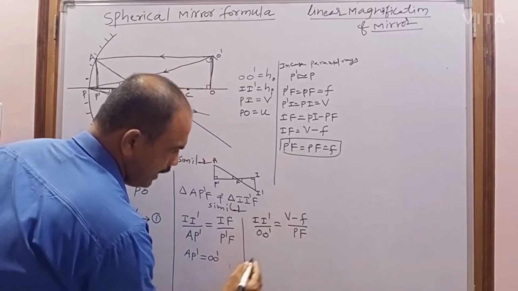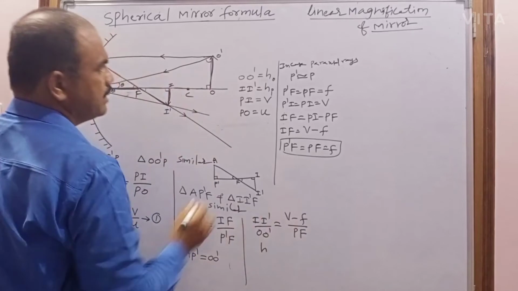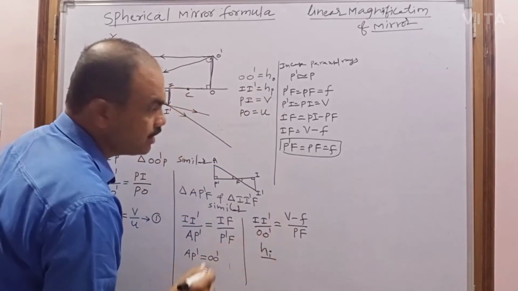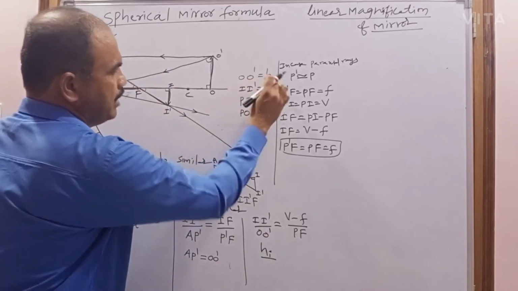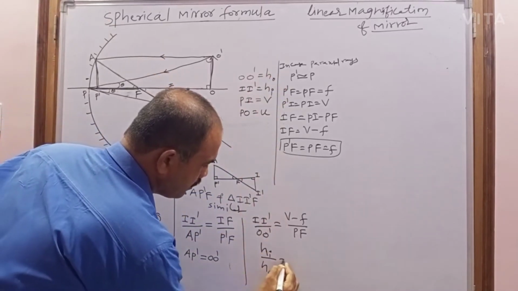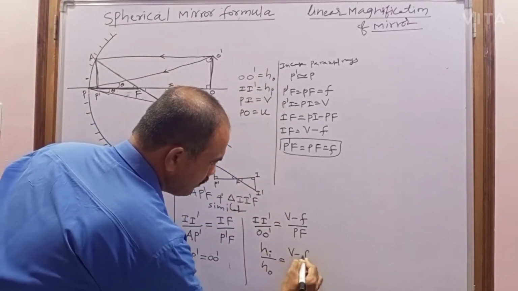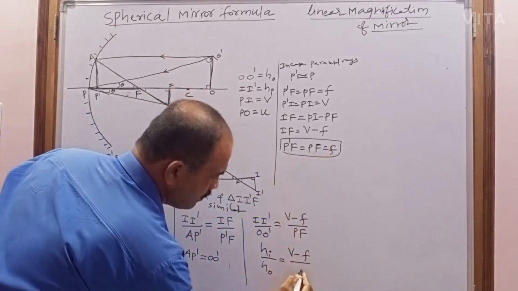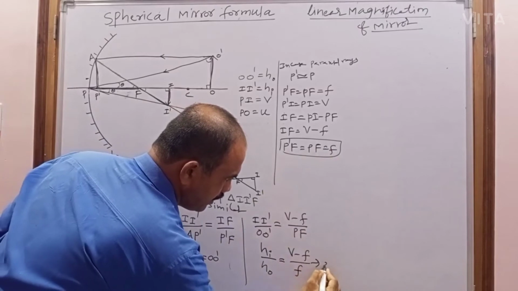So I dash, the height of the image, by OO dash, the height of the object, equals V minus F by PF. Pole to focus distance is nothing but the focal length. Now let it be equation 2.